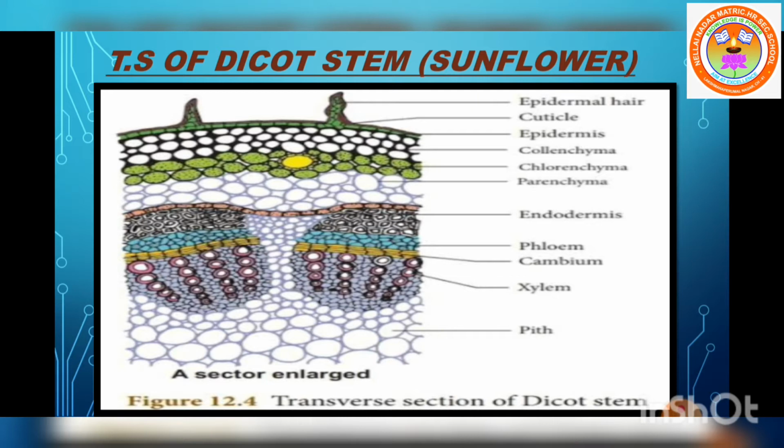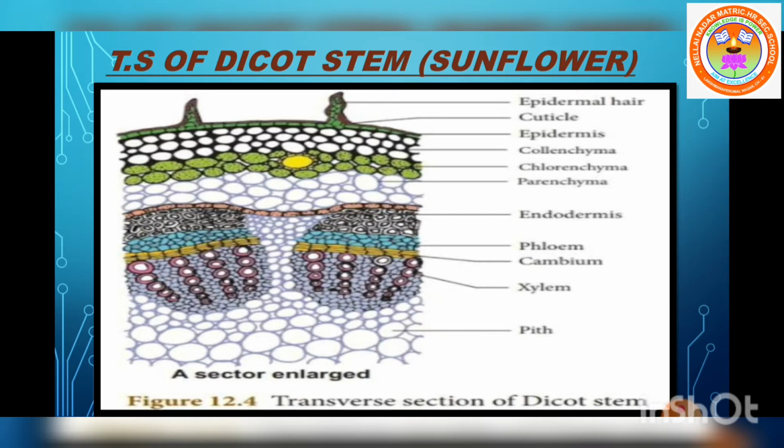Inner to the hypodermis, a few layers of chlorenchyma cells are present with conspicuous intercellular spaces. This region performs photosynthesis due to the presence of chloroplast. Some resin ducts also occur here.